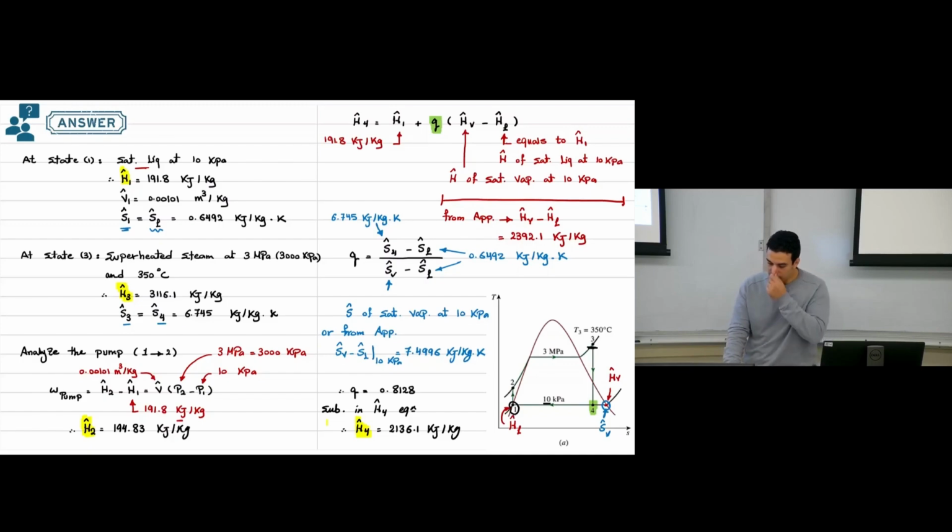So we know the values of H1, H2, H3, and H4, the 4 enthalpy values in this problem. Then we just use these 4 enthalpy values, substitute in the thermal efficiency equation to calculate the value of the thermal efficiency.